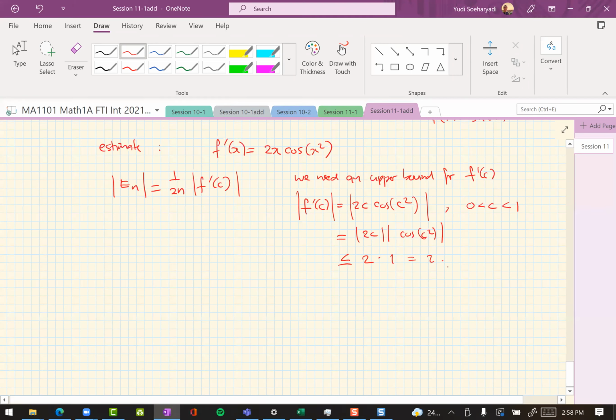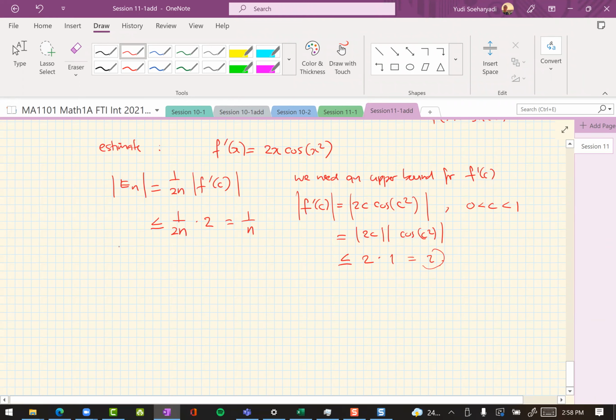So this is what I will call an easy bound. So this is 2. Okay. All right. So when we compute this, this is less than 1 over n. This is less than 2. Compute this is 1. Okay.